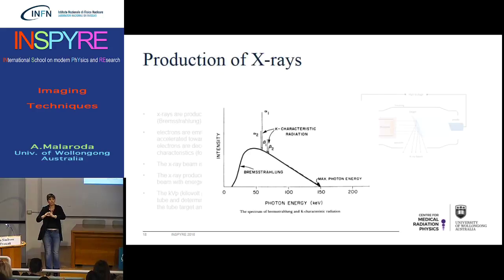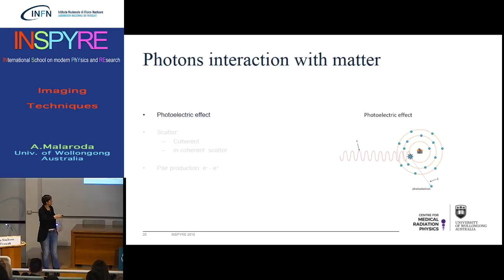And you remember yesterday Angelo Bassi showed you the spectra, the emission and absorption spectra from different materials. You had hydrogen, helium, sodium, and you have that black band with some colors. And those colors are given by this process. So each element has its own emission spectrum.